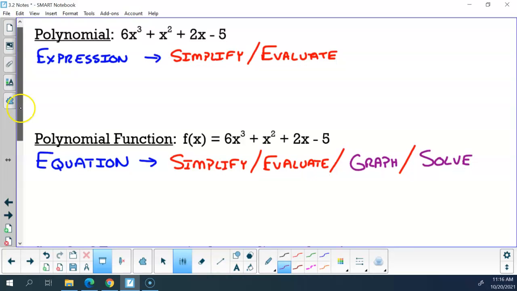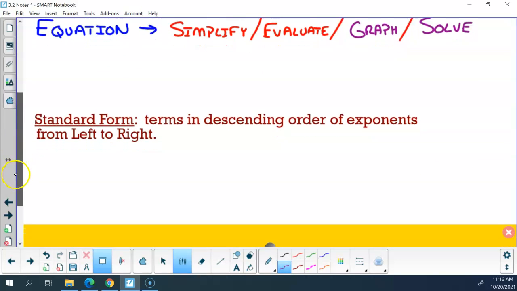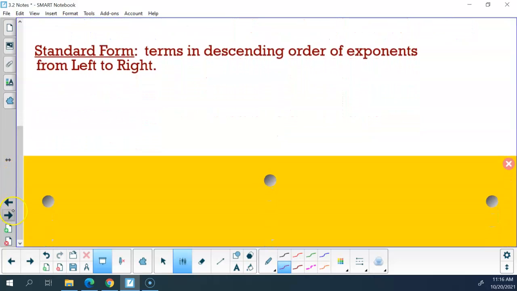Okay? New terminology today. The standard form of a polynomial or a polynomial function has the terms in descending order of exponents from left to right. So what I mean by that is the very first term has the biggest exponent.